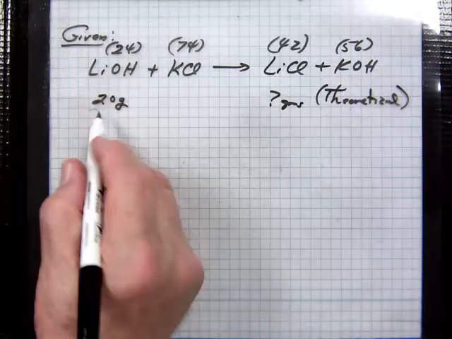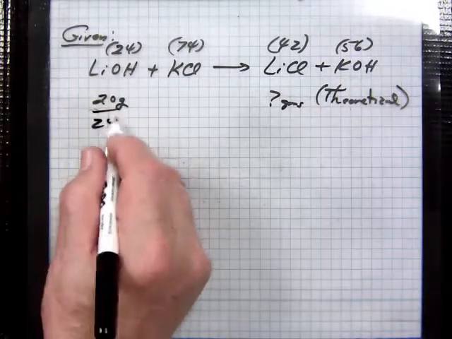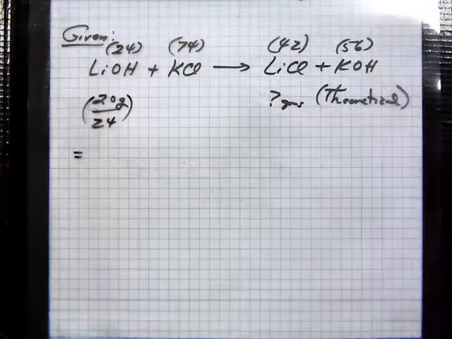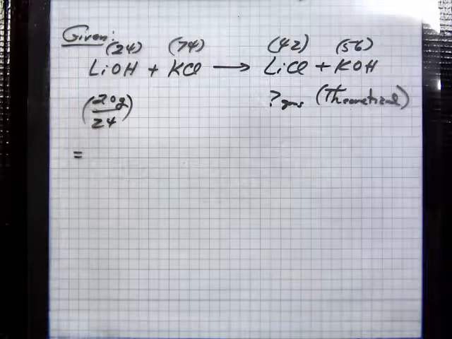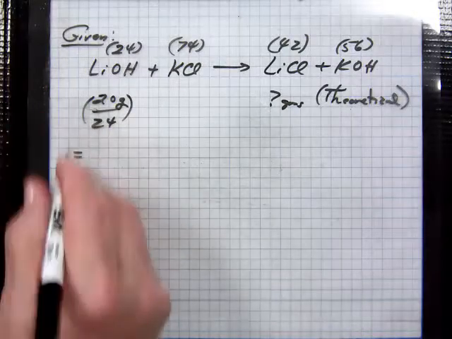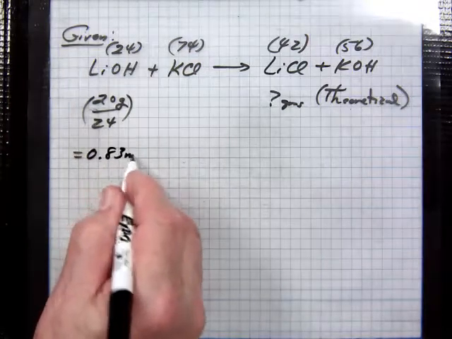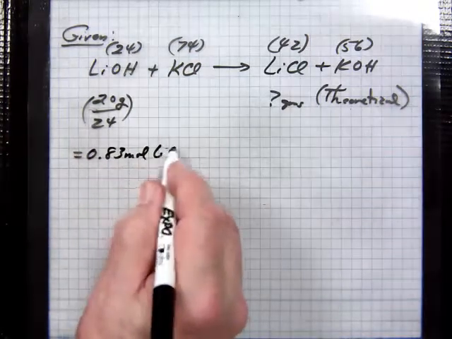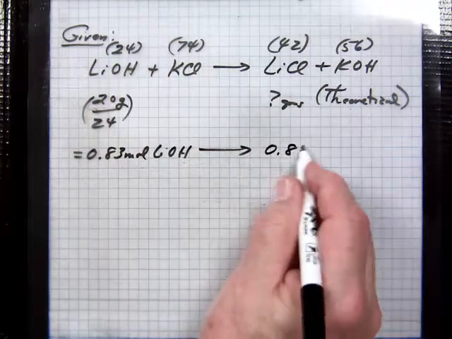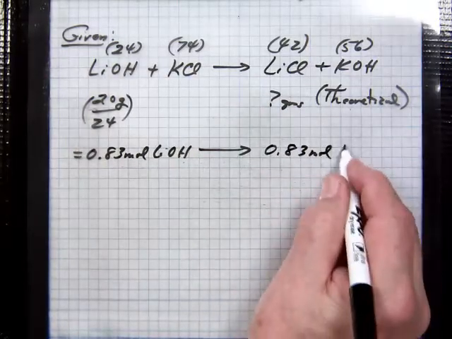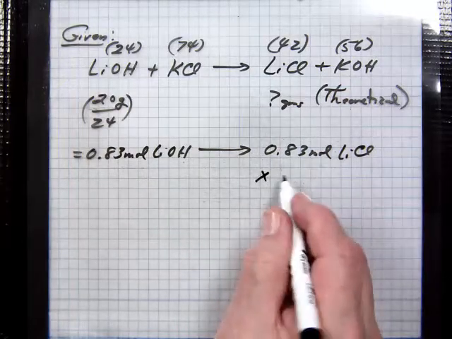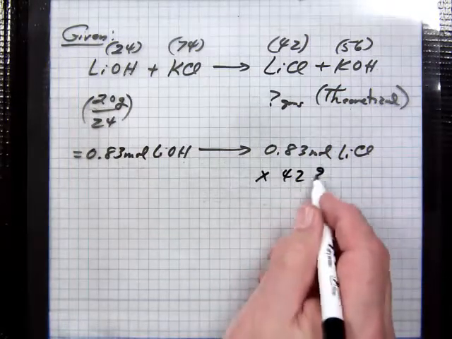Well, you want to convert to moles, divide by 24 here. And that's 0.83 mole of the lithium hydroxide. And since the coefficients are the same, 0.83 mole of the lithium chloride will be produced. And in grams, that will be times 42 grams per mole.